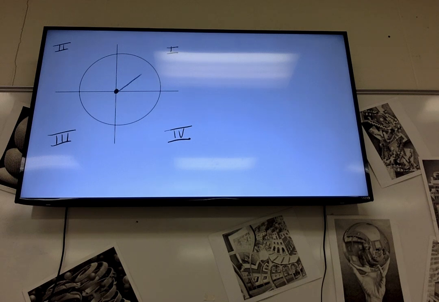So to just get to some random point out here, whether it's on a unit circle or not, it really doesn't matter. We know to get to this point, x and y, I have to go to the right x and up y. And then, of course, the radius is just the radius of the circle.